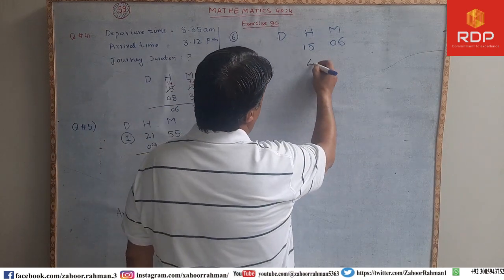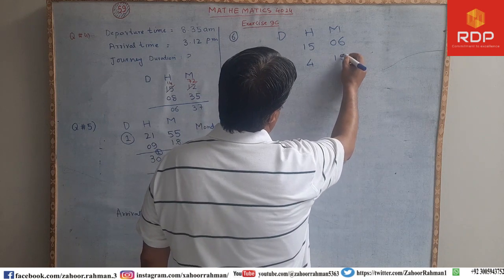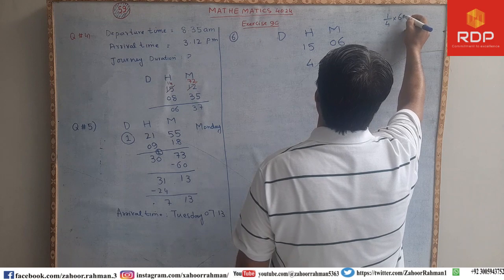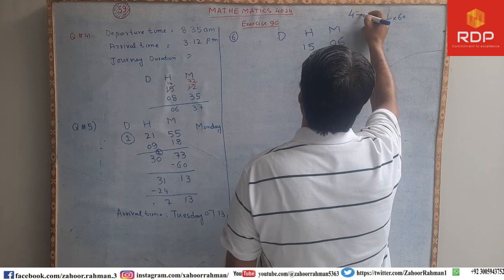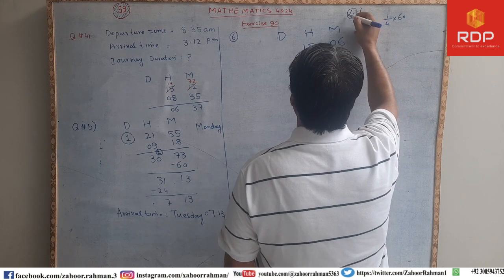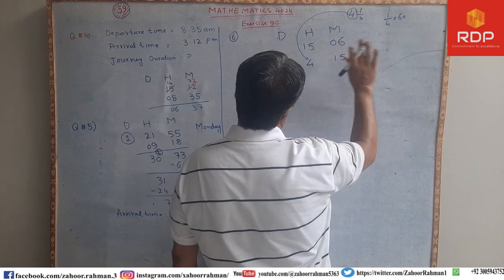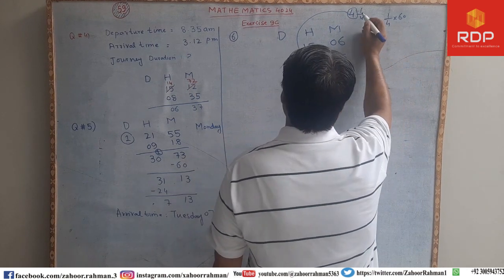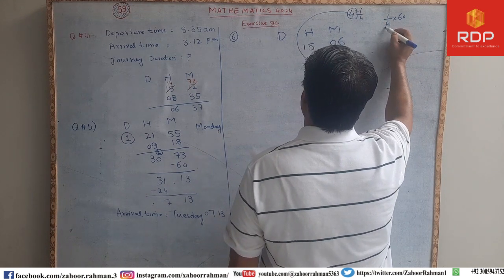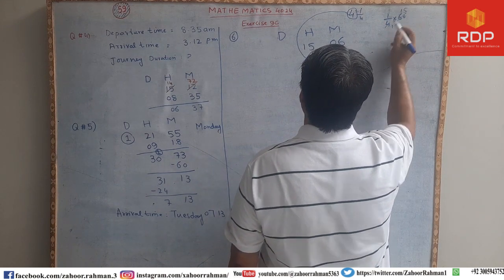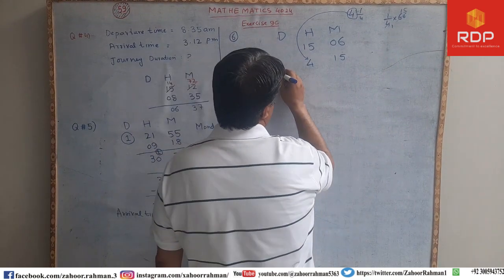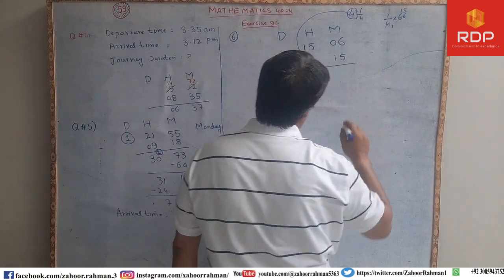So 4 hours and 15 minutes. 1 over 4 of 60 is 15, because it is 4 whole, no fraction, no decimal, but 1 over 4 means 15 minutes, so I wrote it as 15. Now what will we do?